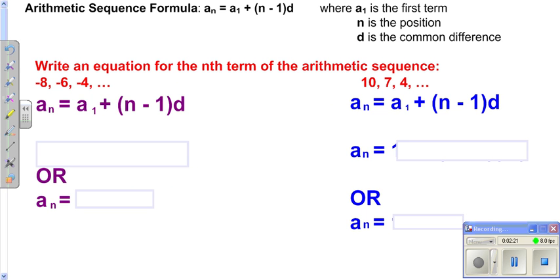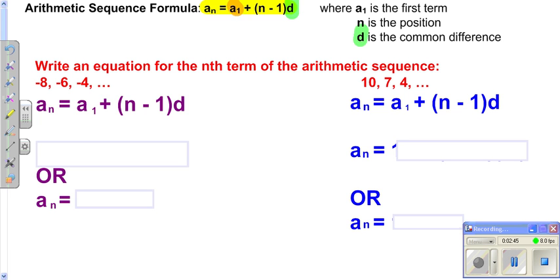Your formula for finding the general formula for an arithmetic sequence is this one here. You'll want to make sure you know this formula. It's going to be used throughout this whole chapter, and it will be on your final. Now the d here is referred to as that common difference that we talked about before.